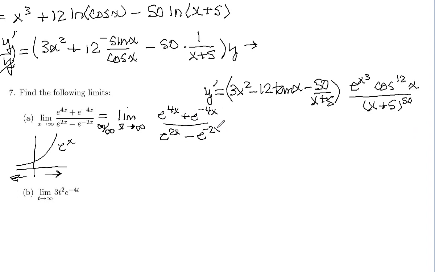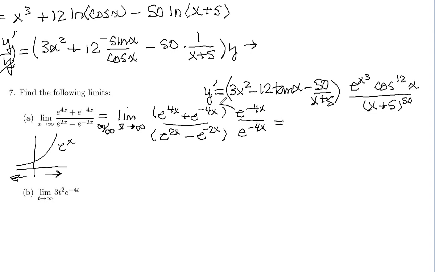And what we do is we look at that biggest positive exponent, which is a 4x, and we multiply by e to the negative 4x. Because remember, when you multiply, you add exponents, so we want the thing that's going to make this add to 0, which is going to be a negative 4x. We multiply on the top and the bottom, that way we're not changing the value of the expression.